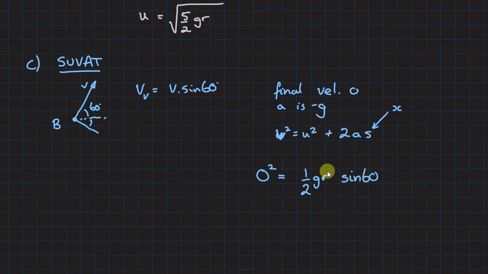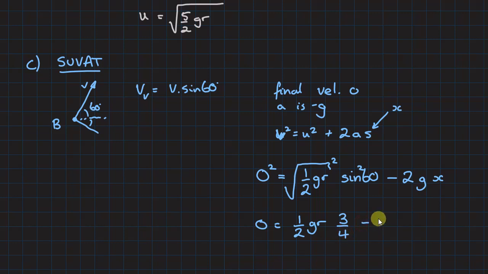So this is technically square rooted and then squared, and the sine needs squaring to give me my velocity squared, minus 2 lots of gravity times my height. So when we rearrange the values, we've got 0 equals 1/2 of gr times sine squared, sine is root 3 over 2, so 3 over 4, minus 2gx.